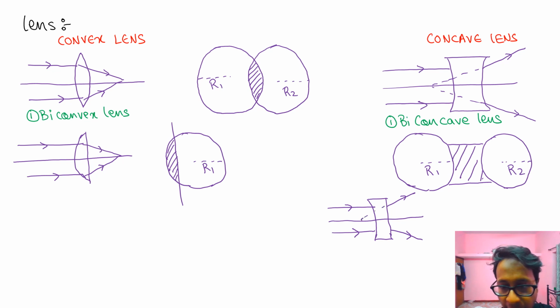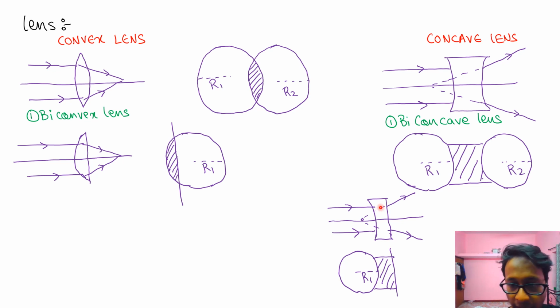If we trace the ray backward, it will appear to meet at a point. So these kinds of lenses are made by a sphere of radius R1 and a straight line, and this intersection is nothing but the lens.